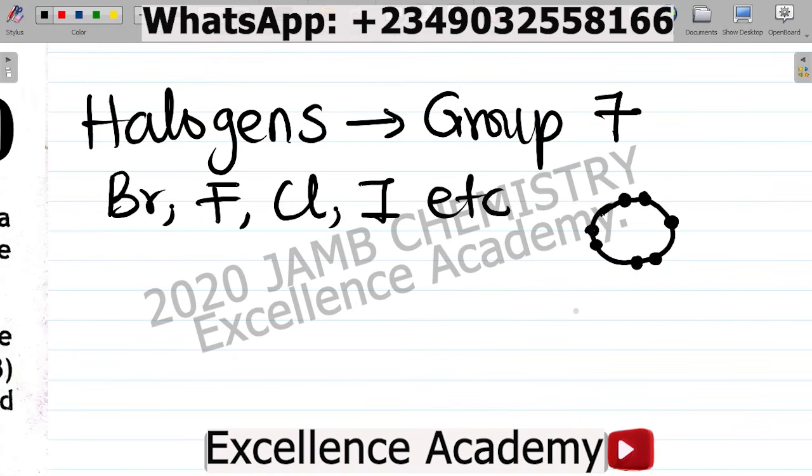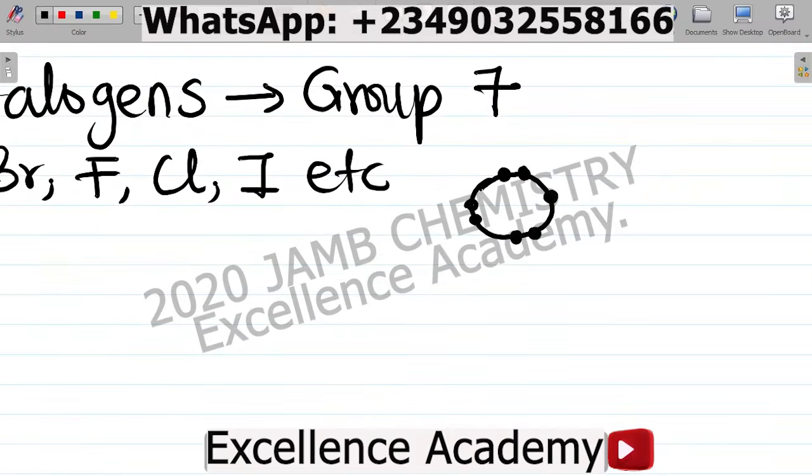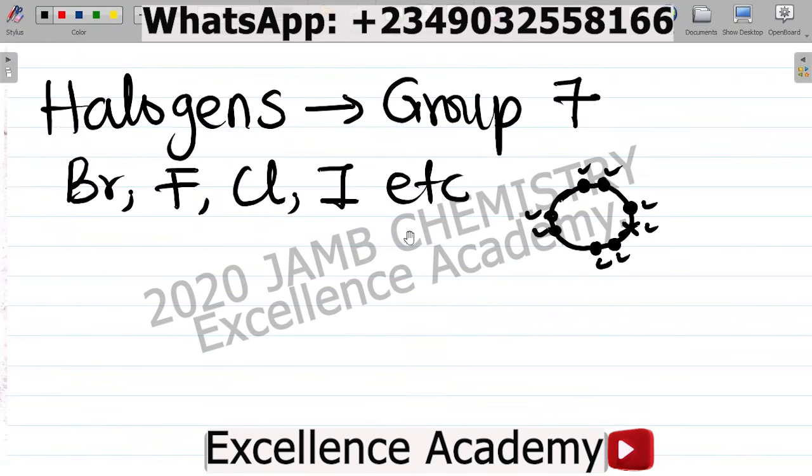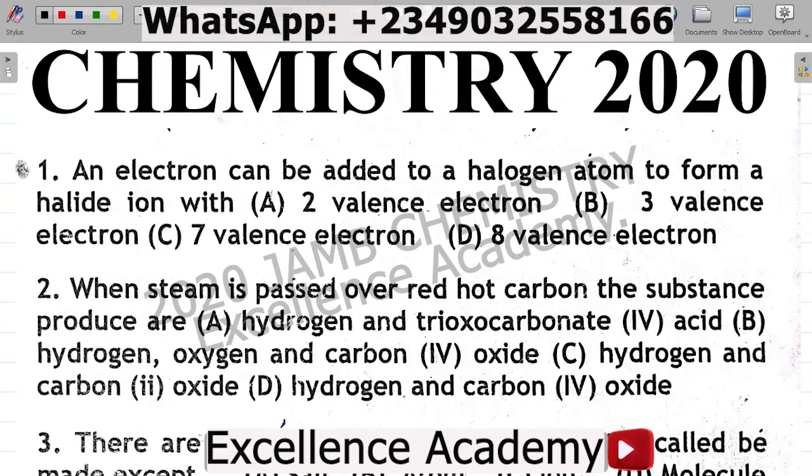Now, if an electron is added to a halogen, let's use X, if I add an extra electron, in total, how many valence electrons do you have? You have 1, 2, 3, 4, 5, 6, 7, 8. So if I add an extra electron to the halogens, you have 8 valence electrons. So the correct answer here is D, 8 valence electrons. That's your answer.